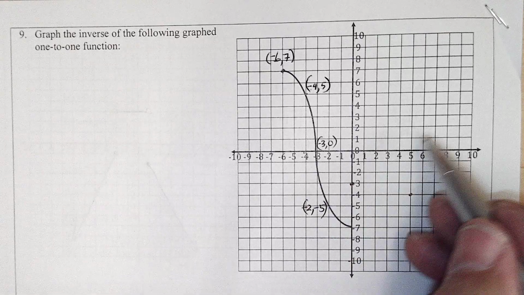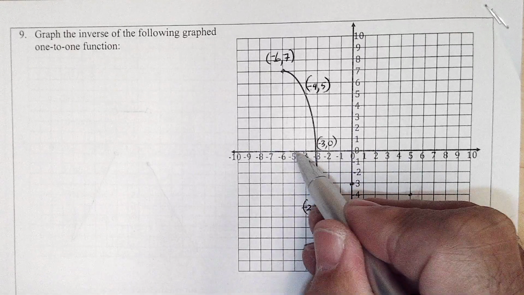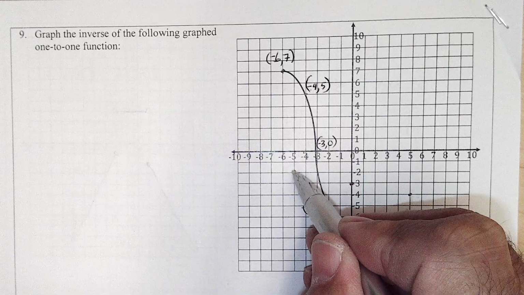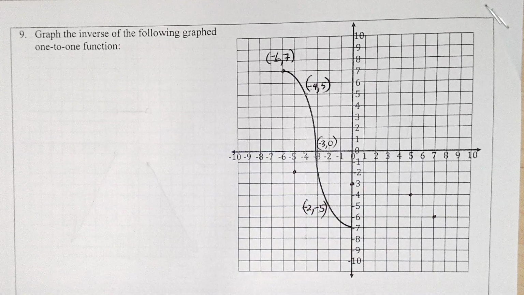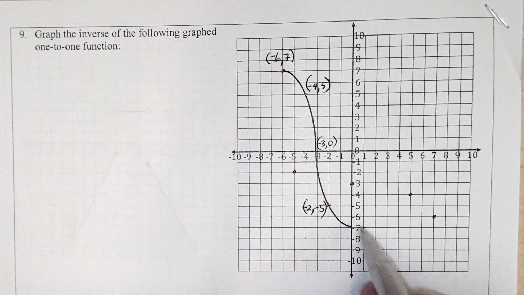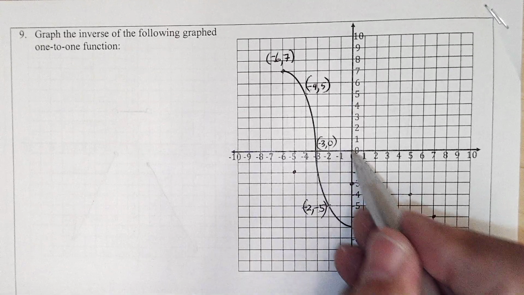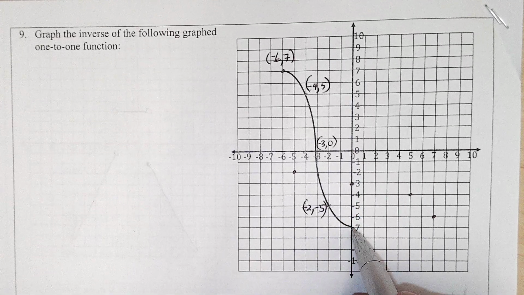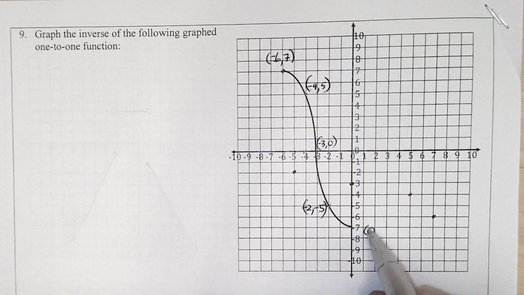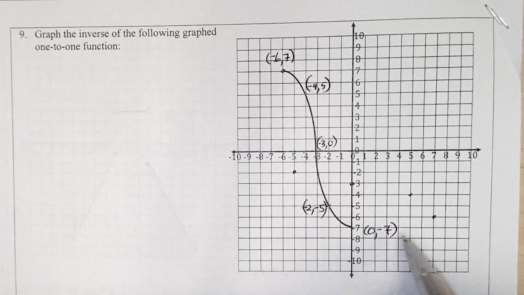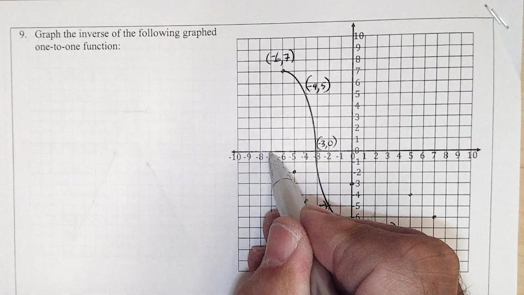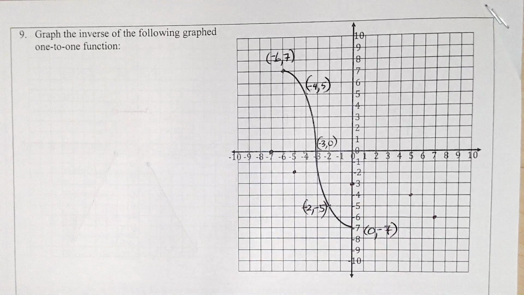So I want to go to -5, -2. That was here, and I got one more. This one's at 0, -7. So its inverse would be at -7, 0.